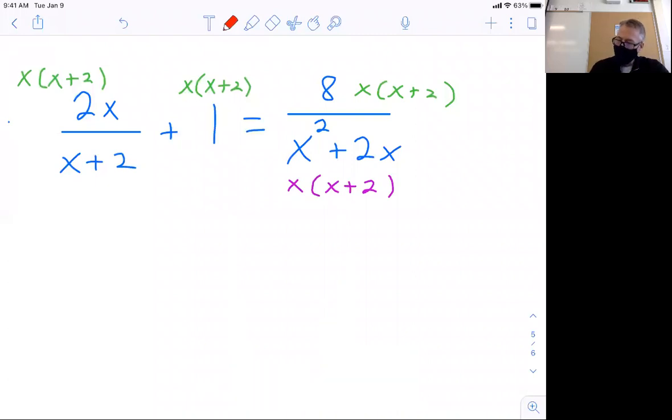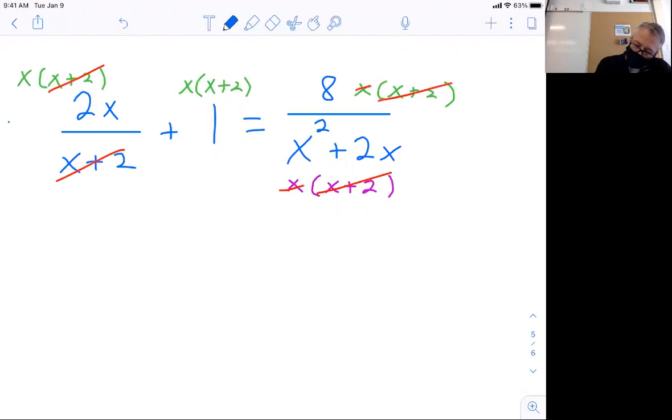And remember, our whole reason for multiplying by the common denominator is so that the denominators cancel. The x plus 2's cancel on the left side. In the middle, nothing cancels, so I'm going to have to distribute that x. On the right side, both the x and the x plus 2's cancel.